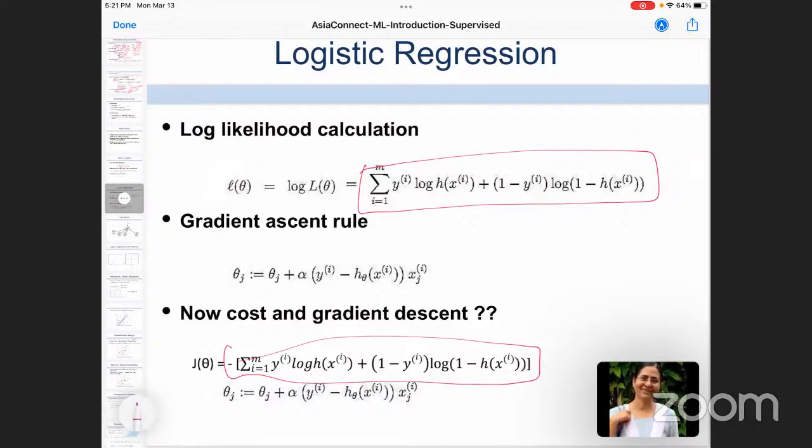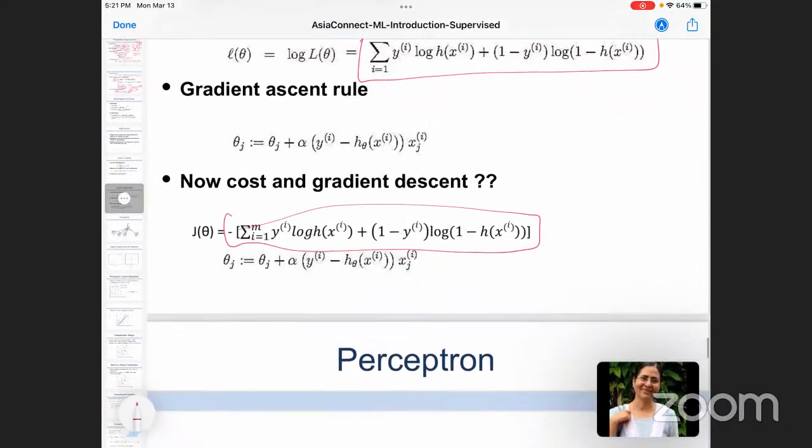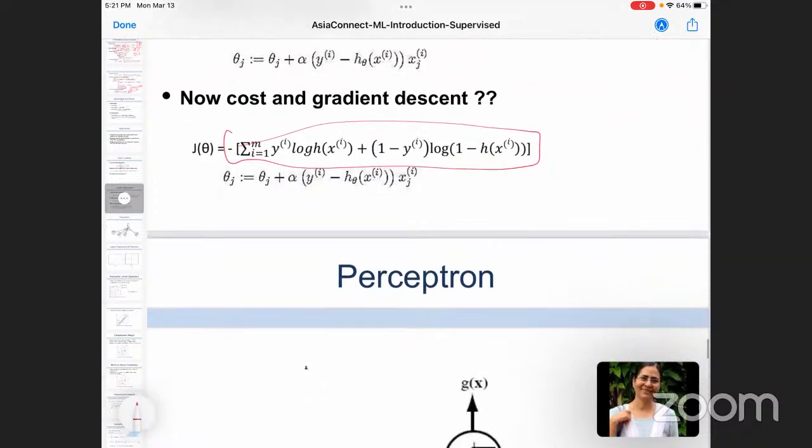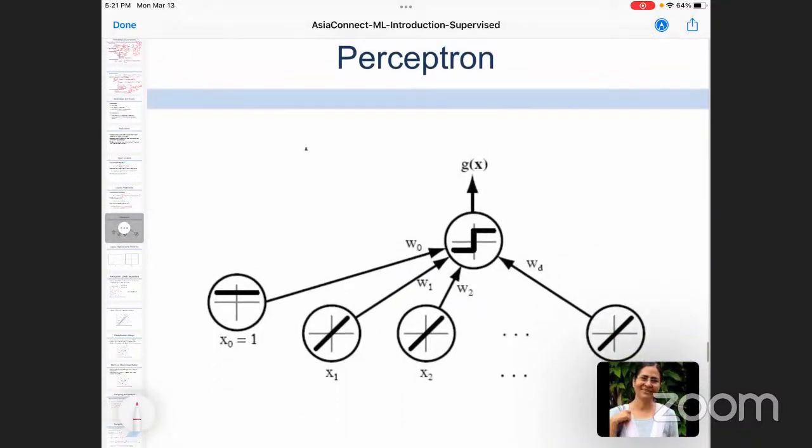Okay. So next, I'll go to support vector machine. But before that, I need to discuss a little bit of the perceptron, because it is the motivation for support vector machine. I think you already know the perceptron.